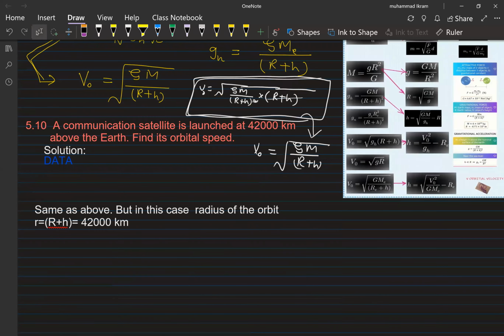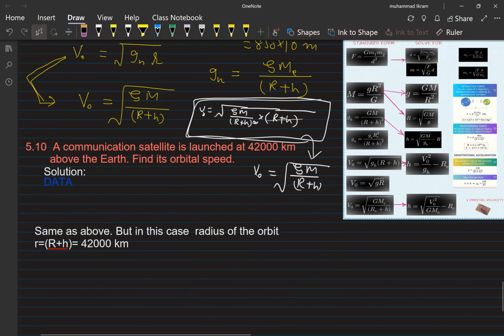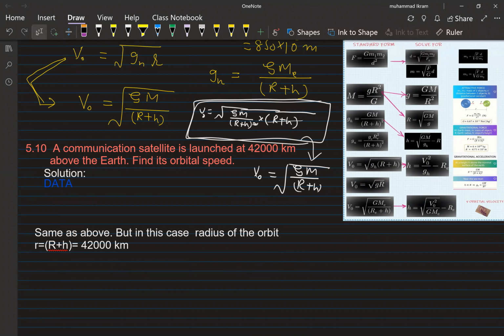Now number 10, numerical. A communication satellite is launched at 42,000 kilometers above the Earth. Find its orbital speed. So here the same as above, but in this case the radius of the orbit RH is equal to 42,000 kilometers.